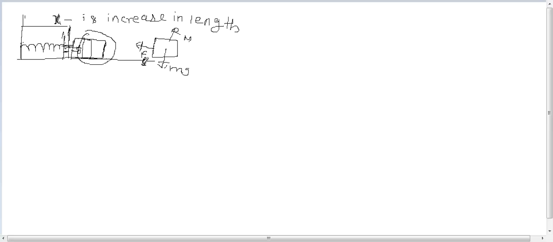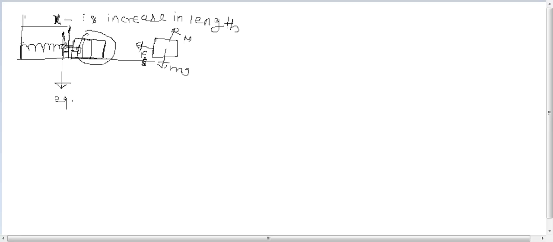Okay, look here, this position is the equilibrium position. This is the position in which the length of the spring is natural.